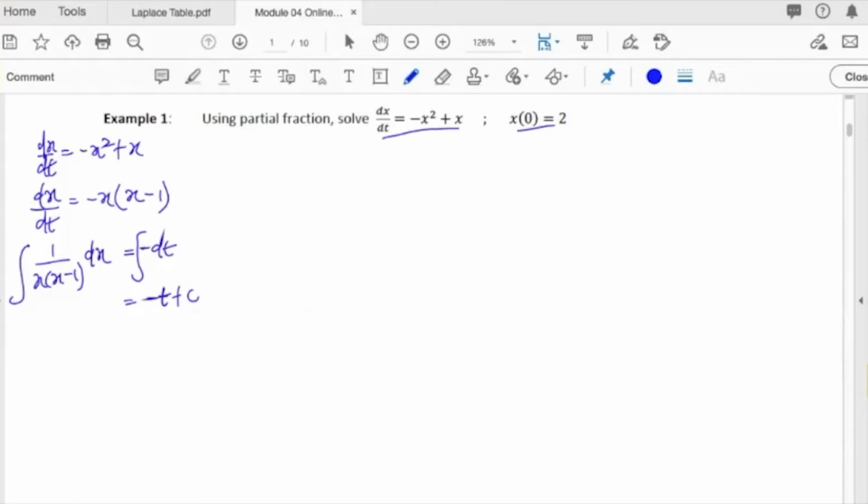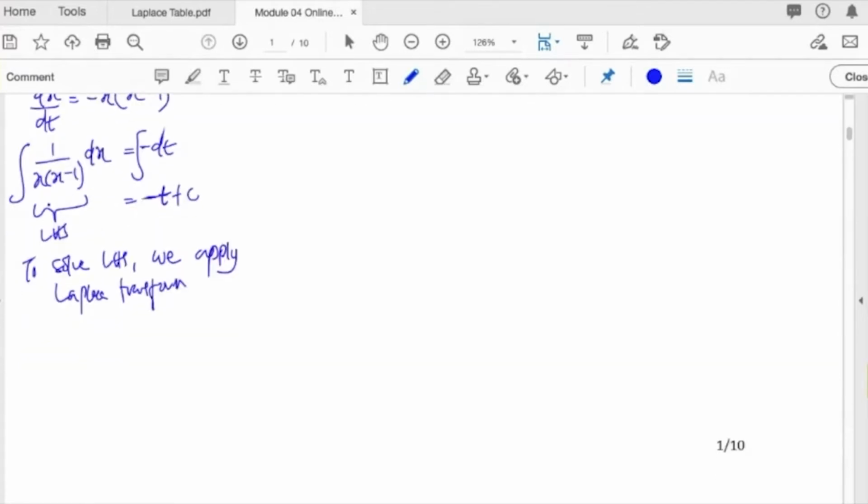But on the left-hand side, to solve it, we apply partial fractions. So we have 1 over x times x minus 1.